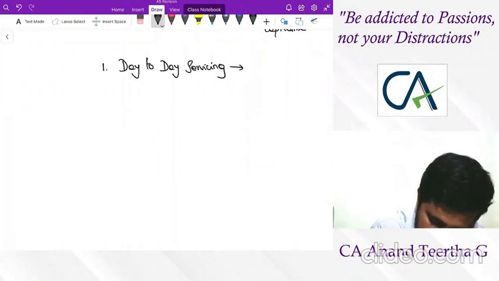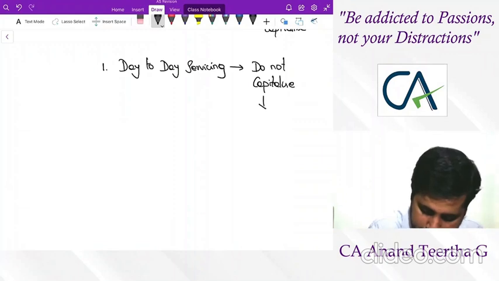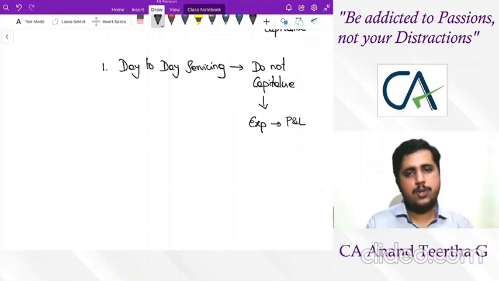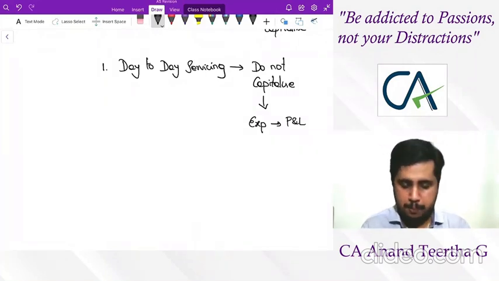The standard says no. Do not capitalize. If there is any expense, shift that to P&L. All the expenses incurred for day-to-day servicing, shift it to P&L because it doesn't give you any sort of economic benefit. It is done to retain them. So therefore, transfer that to P&L.